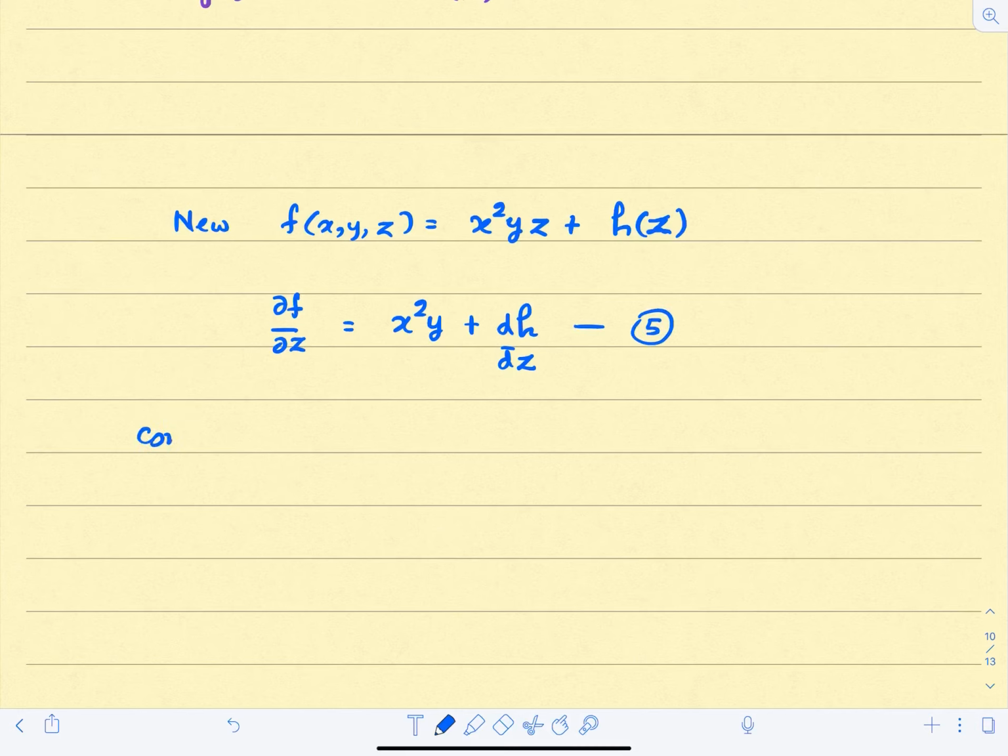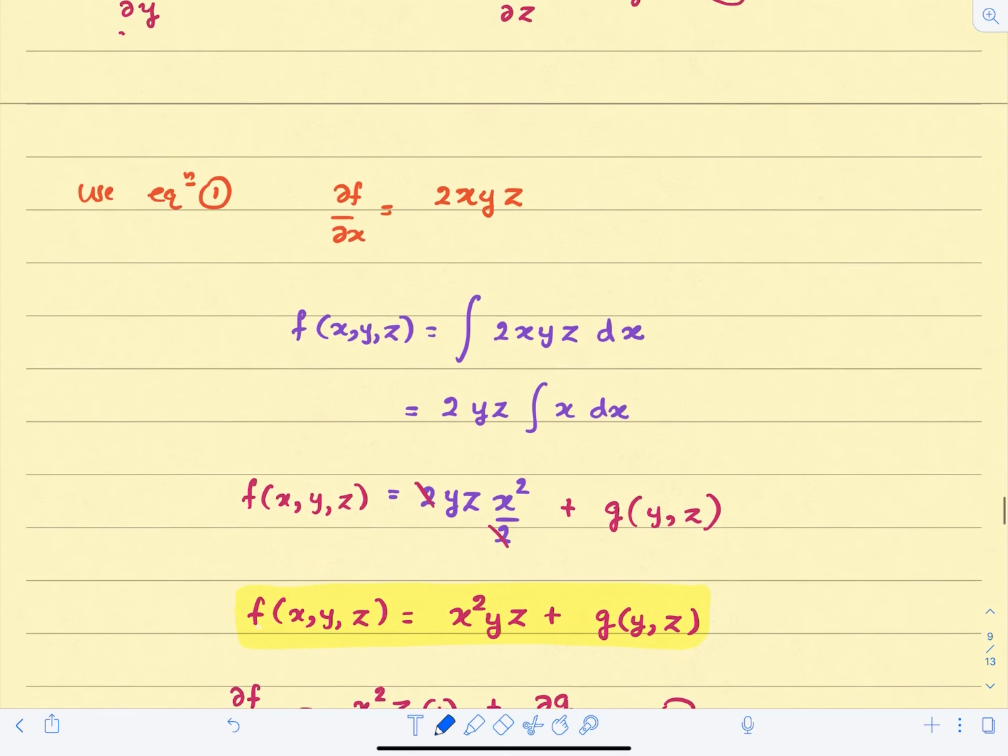Now what we can do is compare equations 3 and 5, because both equations give an expression for partial f over partial c.